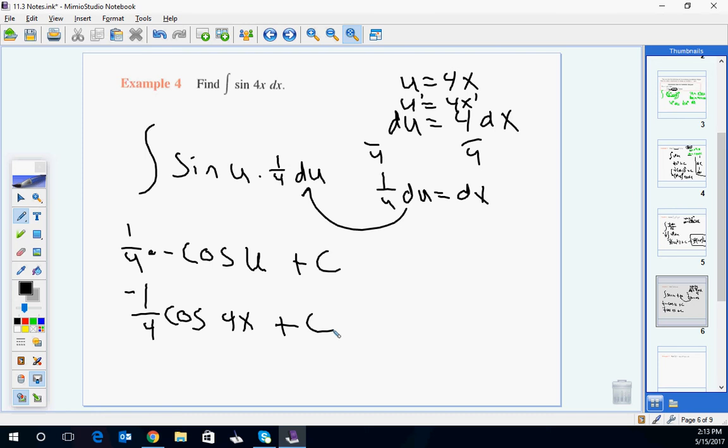Because we didn't have a 4 here. This is u. I just have dx. So when I do the du, I have 4 dx. I need a 4, so I have to balance it with a 1/4. Is that what you're asking? No, because we keep du as du.